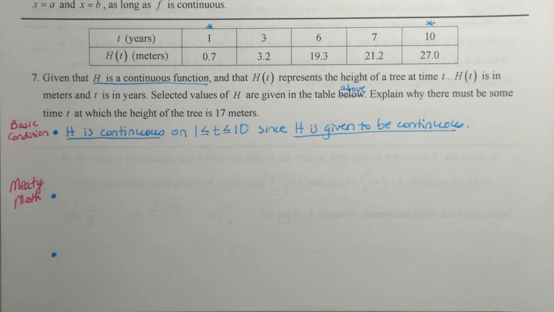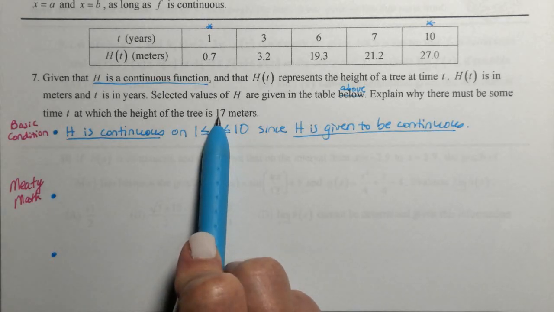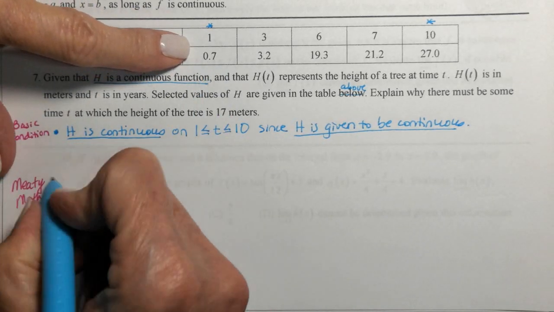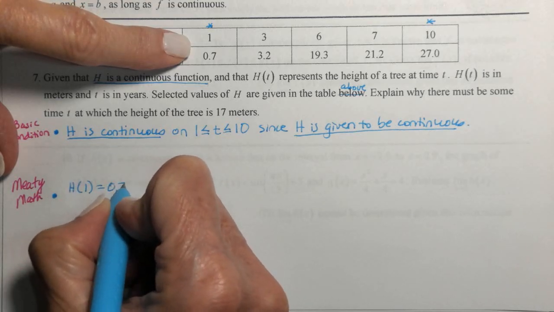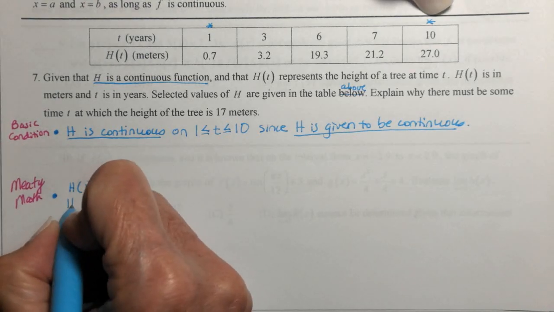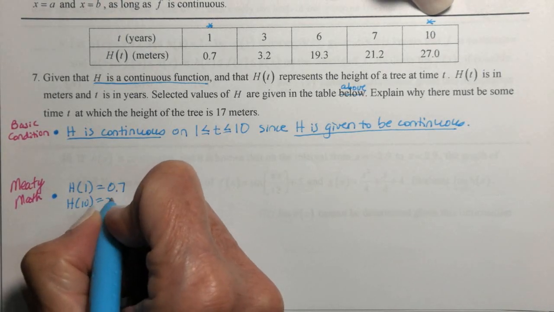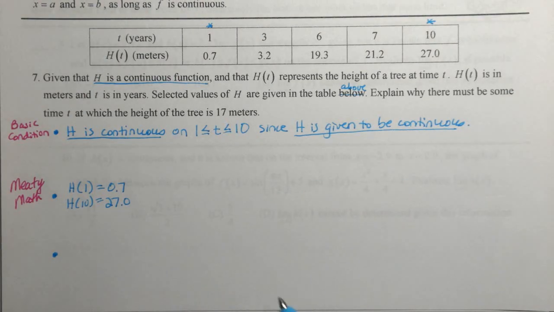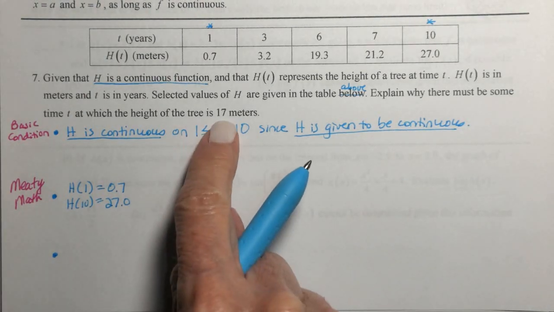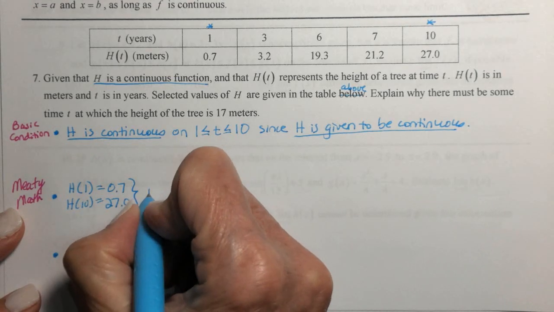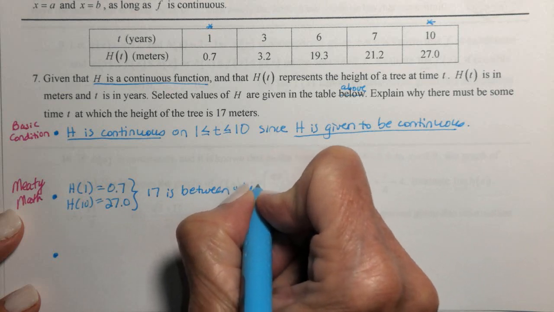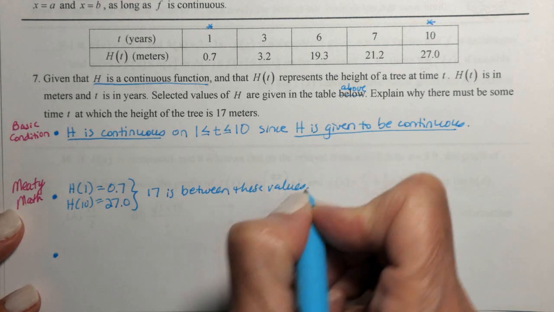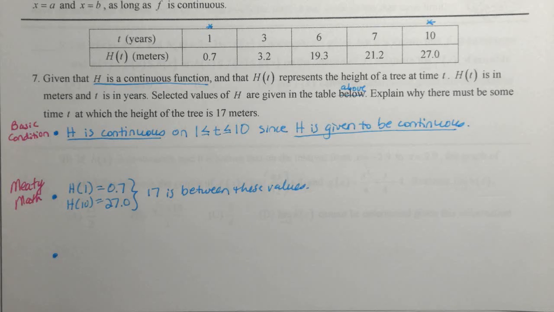I want 17 to be between two numbers, so I'm going to say h at time 1 is 0.7, h at time 10 is 27. And now I need to make a statement about 17. I need to say that 17 is between those values. That's my mathy step.